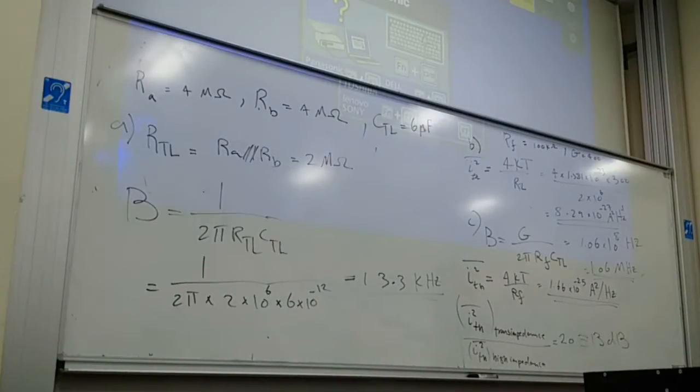Is that clear? Why do you use a bandwidth in the equation? Because if you read the question, they want the thermal noise. Is it per unit bandwidth? Yes. Yes. That is divided by 100.